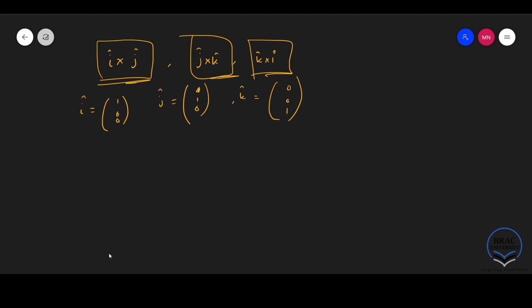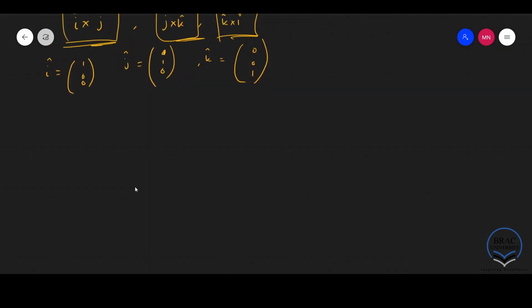If I consider my Cartesian coordinate system again, let's say this is my x-axis, y-axis, and z-axis. We know that my basis vectors i, j, and k are just unit vectors that point along the coordinate axes x, y, and z respectively. So in the direction of x, we have my basis vector i. In the direction of y, we have j. In the direction of z, we have k.